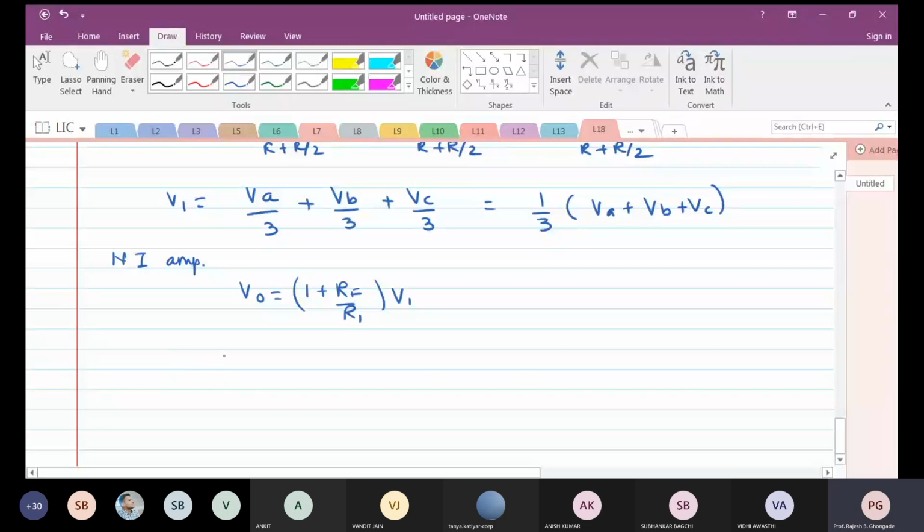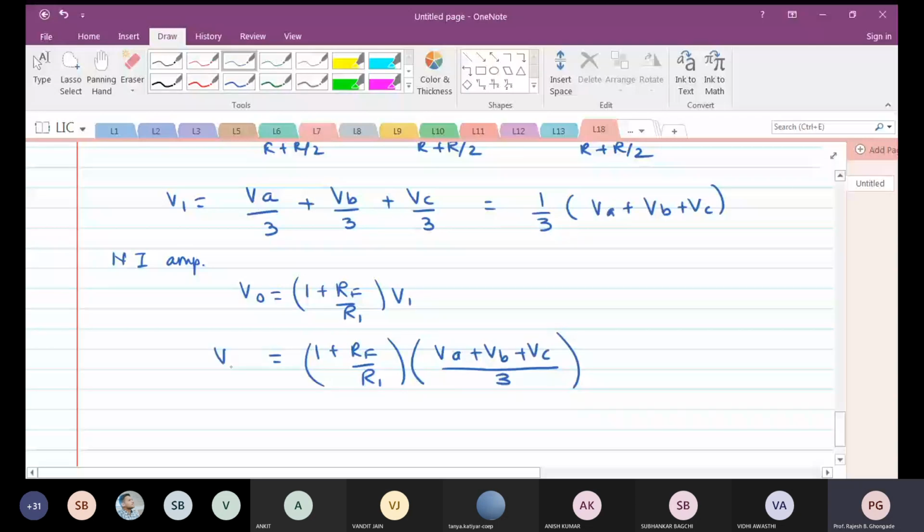So this gives me 1 plus RF by R1 into whatever we have derived here, VA plus VB plus VC divided by 3. This is the equation for output voltage.